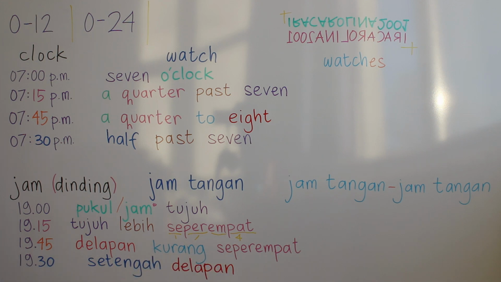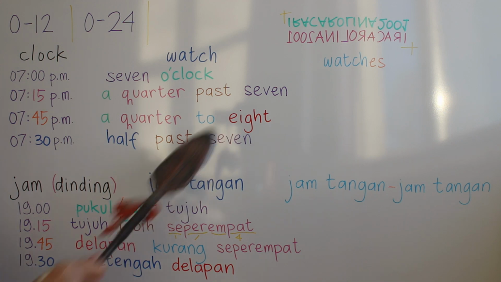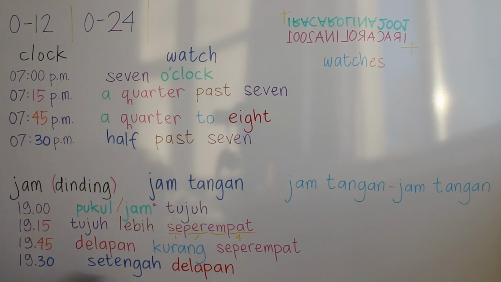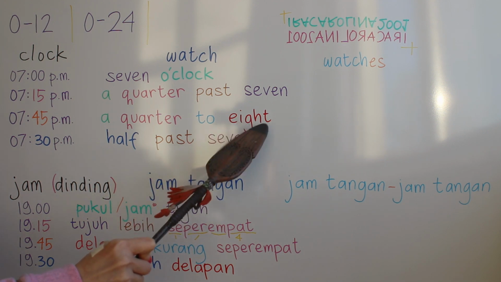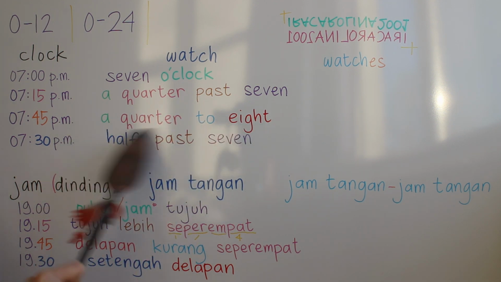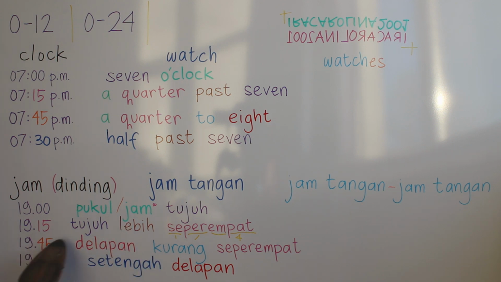Even though, I will repeat, kurang means minus. 8 kurang seperempat. As we see, we say the 8 first, instead of in English where we say a quarter first. 8 kurang seperempat.